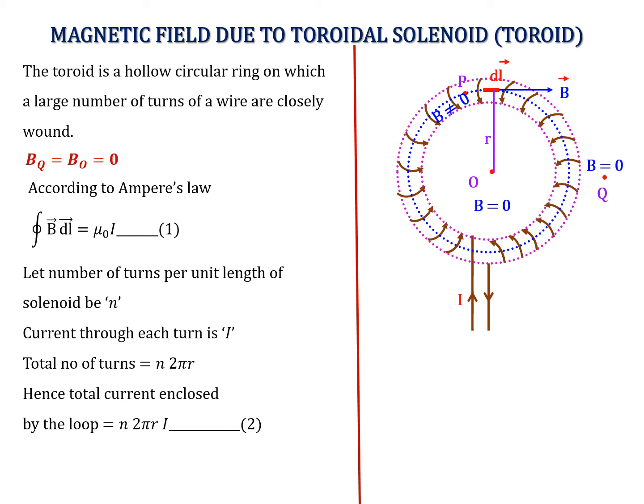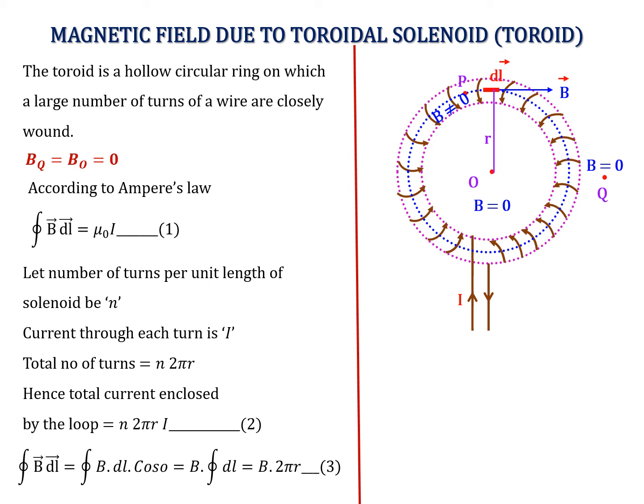Now the integral of B dot dl. We know B dot dl will be B dl cos theta. Theta is 0 and cos 0 is 1. So we can write it as B times the integral of dl. The integral of dl will be the total length of the loop, that is 2 pi r. Hence we get the integral of B dot dl is equal to B into 2 pi r.